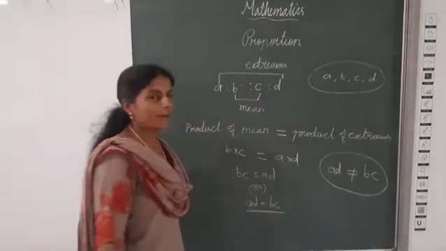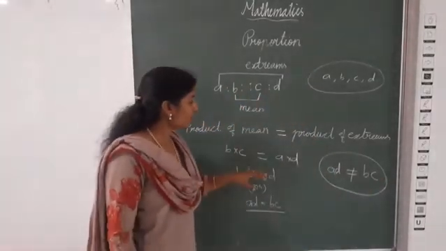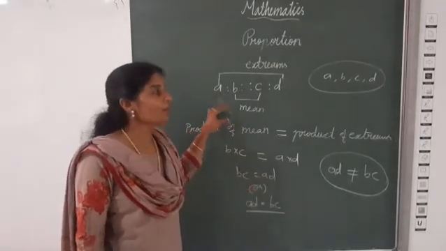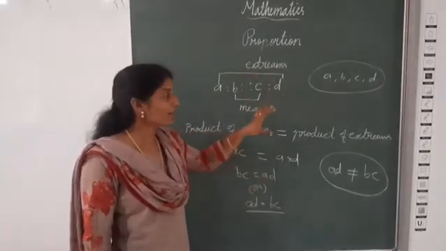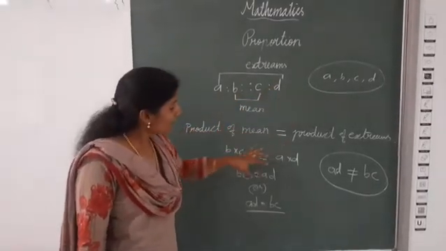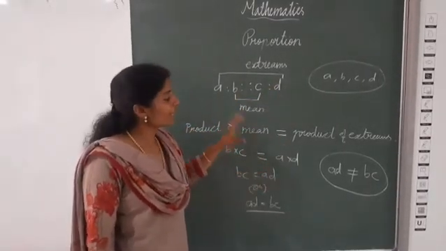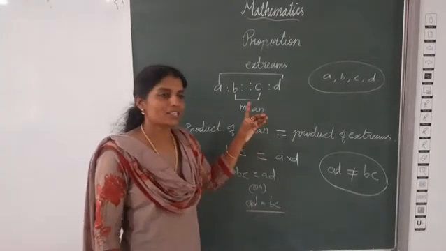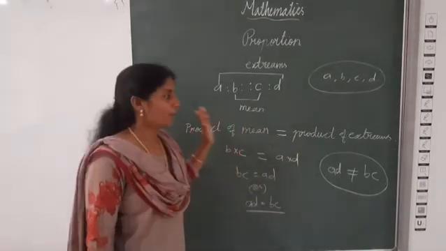Proportion means the product of means is equal to the product of extremes. That is a very important point. If the two terms are equal, we can say that is proportion. If not equal, that is not proportion.